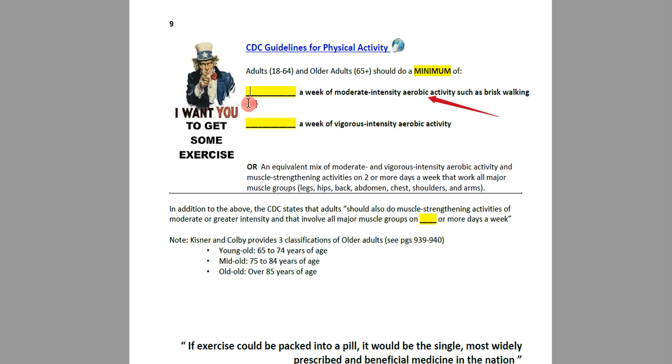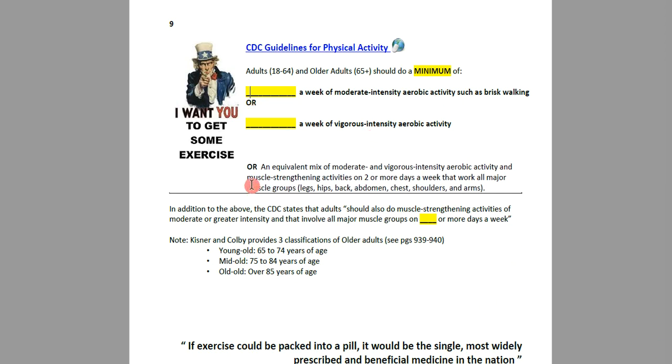Or the opposite thing they can have there is half of that, so 75 minutes, an hour and 15 minutes of vigorous intensity aerobic activity. So that is the first recommendation, that they have either 150 moderate or 75 vigorous.